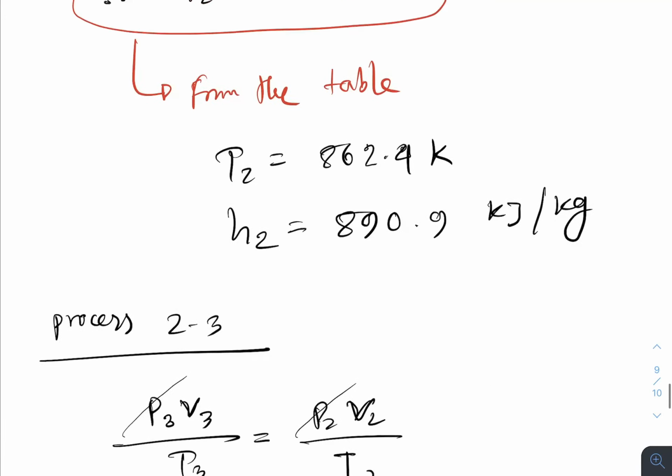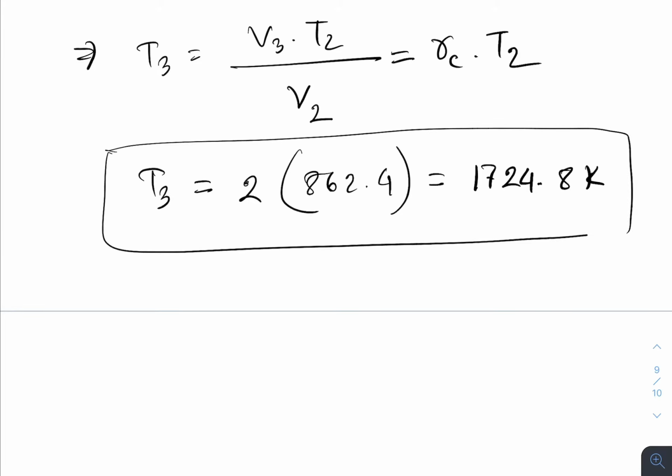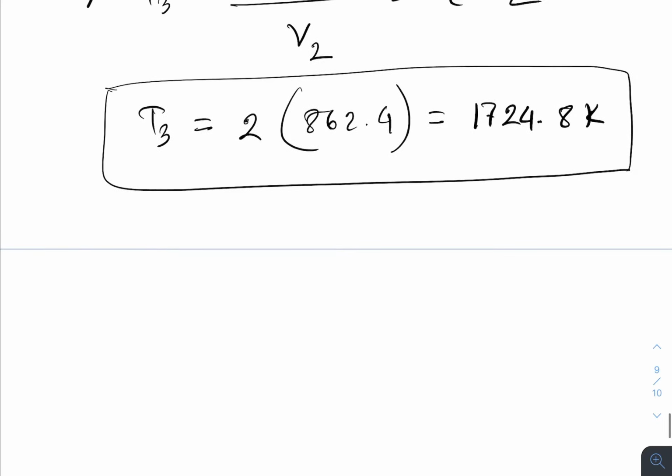We know the rc value is 2, times the T2 we just determined, 862.4, so we get T3 equals 1724.8 Kelvin. This is the temperature they're asking for.